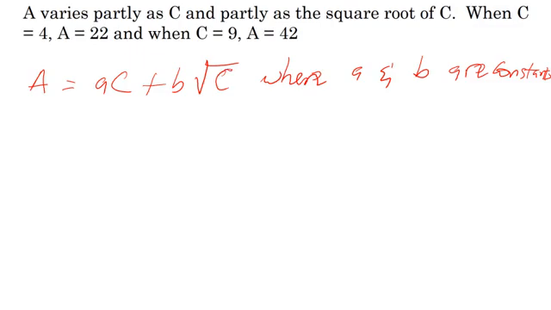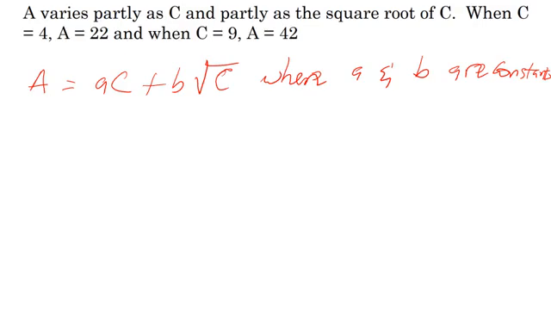This is how they happen. It has two parts. Partial variation is just like that. So what they are saying now is, when C is equal to 4, A is equal to 22, and when C is equal to 9, A is equal to 42. So let's find the relationship.